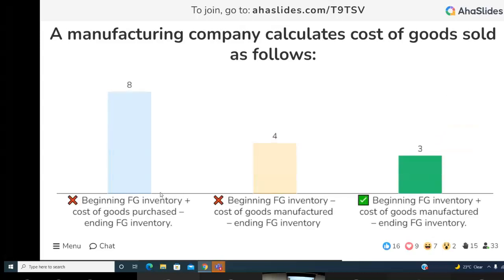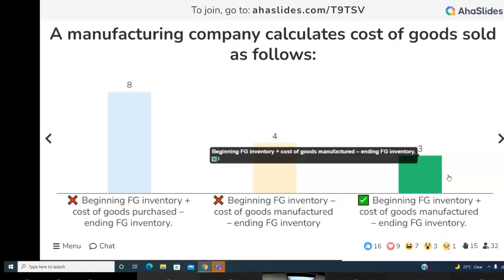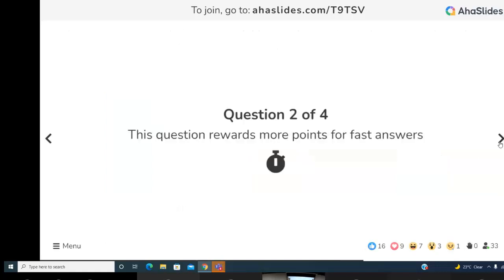Oh, come on, folks. You forgot, I'm going to go back and check your marks. Come on, the answer is beginning finished goods plus the cost of goods manufactured gives me the goods available for sale minus the ending finished goods. So only 3 people got that correct. All right, we'll give them a chance again.